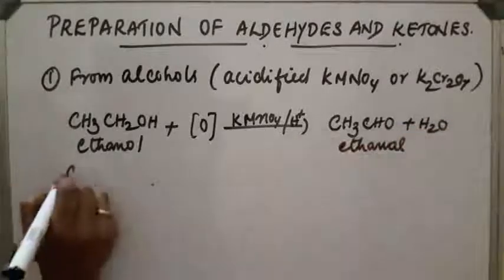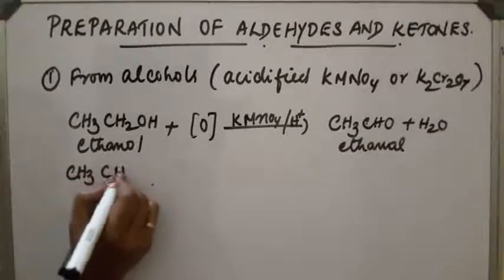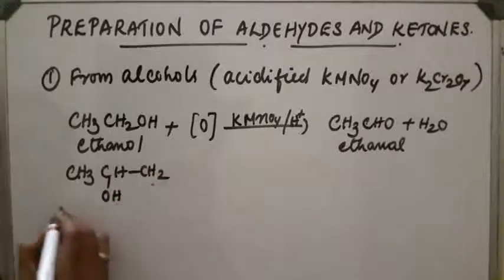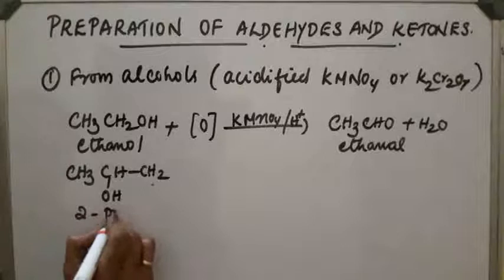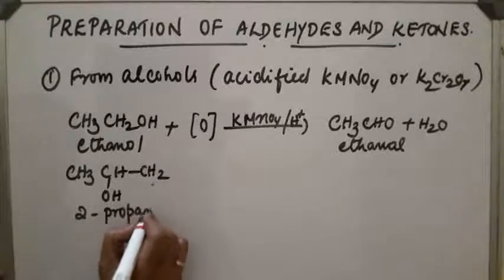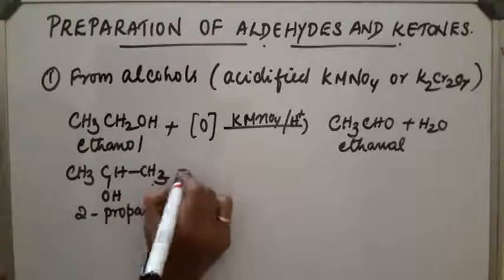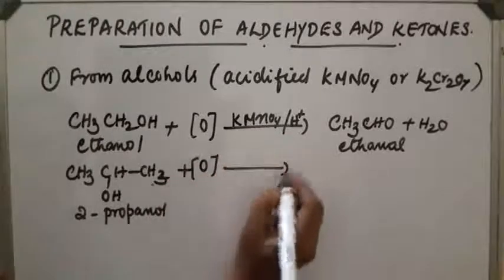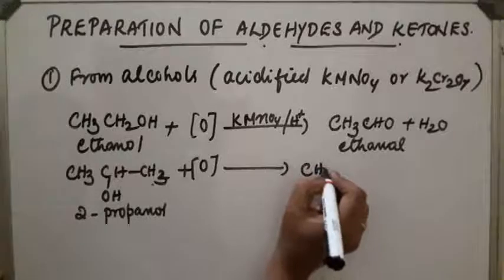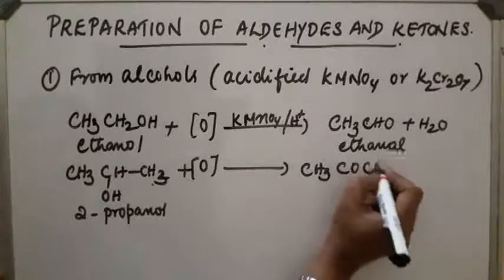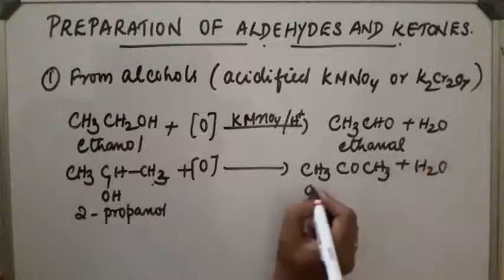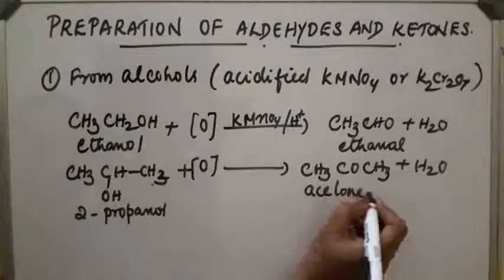Next, secondary alcohol, CH3CHOHCH3. This is 2-propanol. 2-propanol on oxidation with the same oxidizing agent gives the product CH3COCH3, acetone. This is the first method.